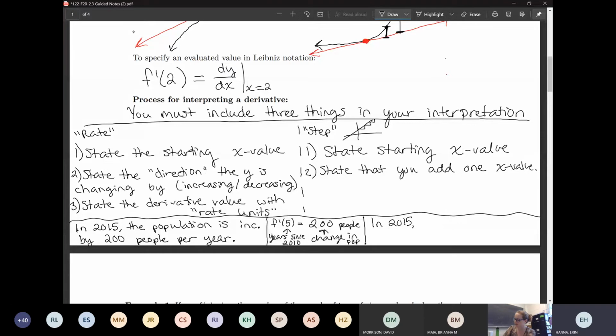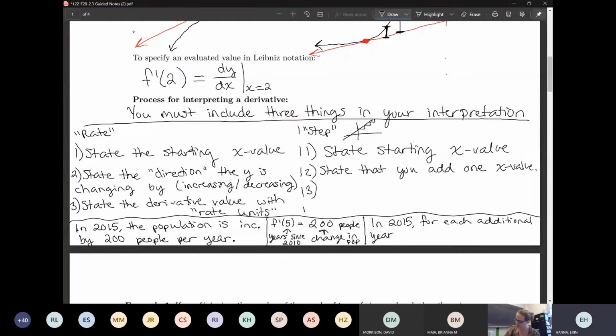So essentially I'd say something like for each additional year, or you could say something like if I add 1 year, or if we increase by 1 year, or something like after 2015 in 2016, if you just wanted to make a note of the next year would be 2016.